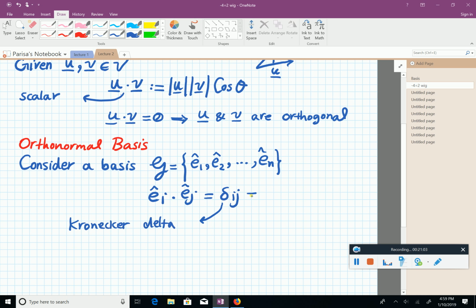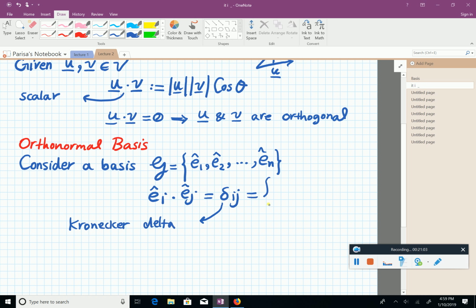This is very useful, it's like a switch. It's either 1 or 0. If i and j are equal, 1, they are not equal, 0.